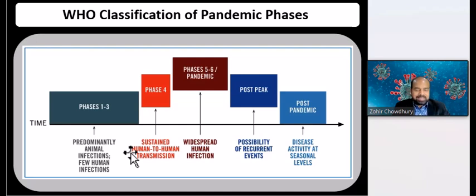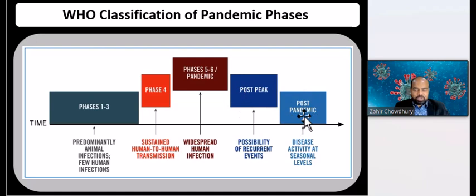WHO uses a six-phased approach for easy incorporation of new recommendations and approaches into existing national preparedness and response plans. Phases 1 to 3 correlate with preparedness, including capacity development and response planning activities, while phases 4, 5, and 6 clearly signal the need for response and mitigation efforts. Furthermore, periods after the first pandemic waves are elaborated to facilitate post-pandemic recovery activities.